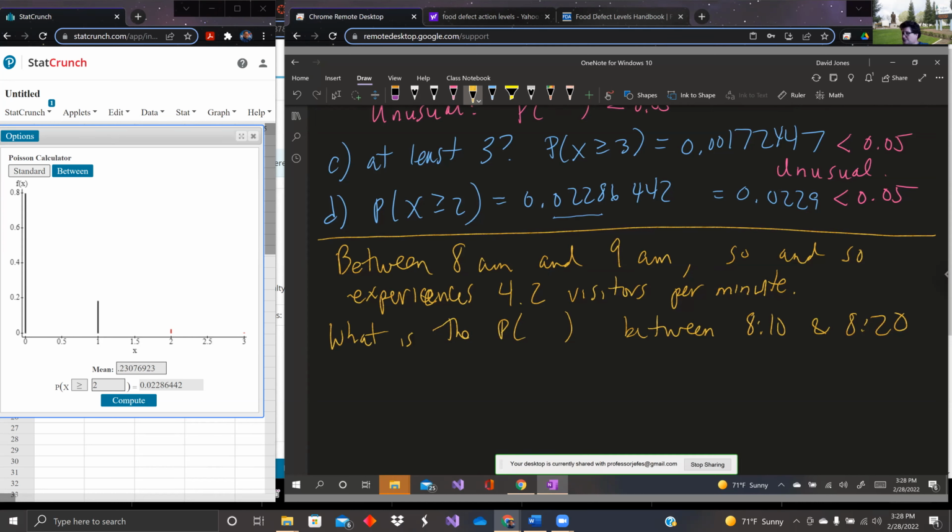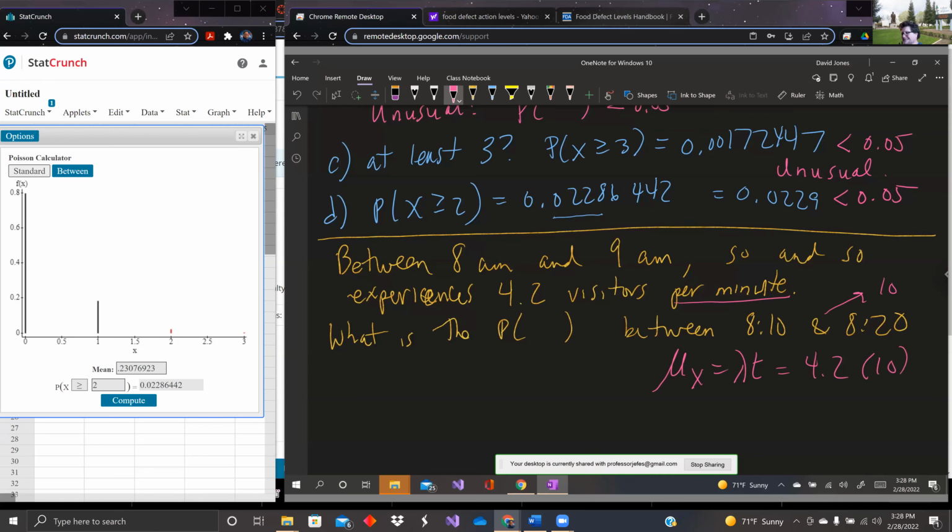So here you can't just go with the 4.2 because you need lambda x, you need mu, and mu requires lambda t. Lambda is that rate, it's that 4.2. T, it's in per minute. There are 10 minutes between 8:10 and 8:20.